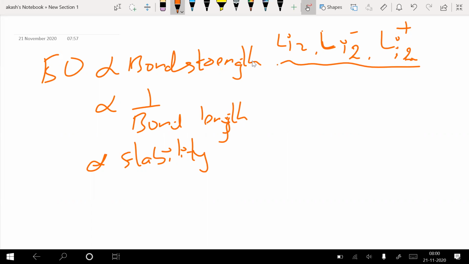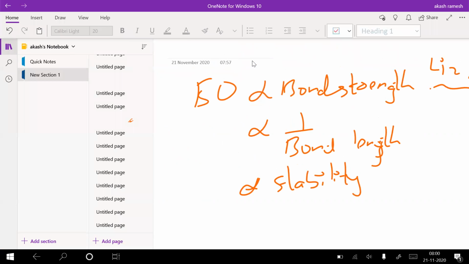Okay. The first step is to calculate the bond orders of all the things. Did you calculate the bond order? What is bond order of Li2? Maybe in the chat.